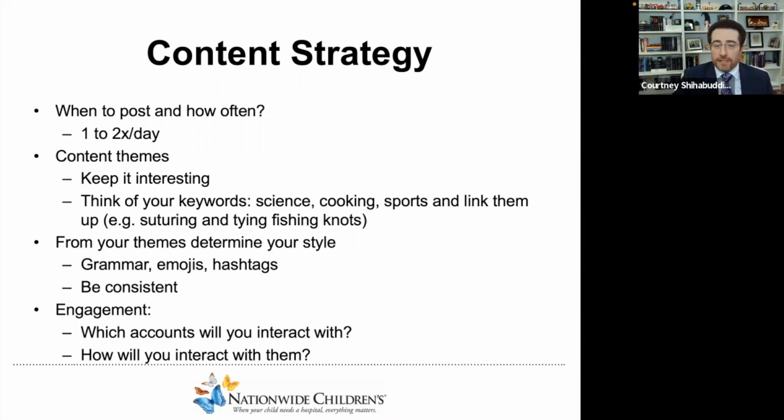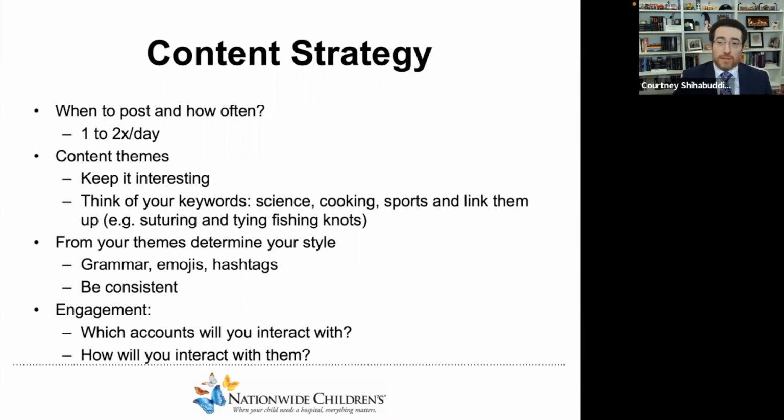You should have content themes, and you should keep it interesting. Think of your keywords and mission if you have one. For example, it could be science, cooking, and sports, and you link them up together. You can create a post of tying fishing knots and link that to suturing, linking in your hobbies to your profession. From your themes, you determine your style.